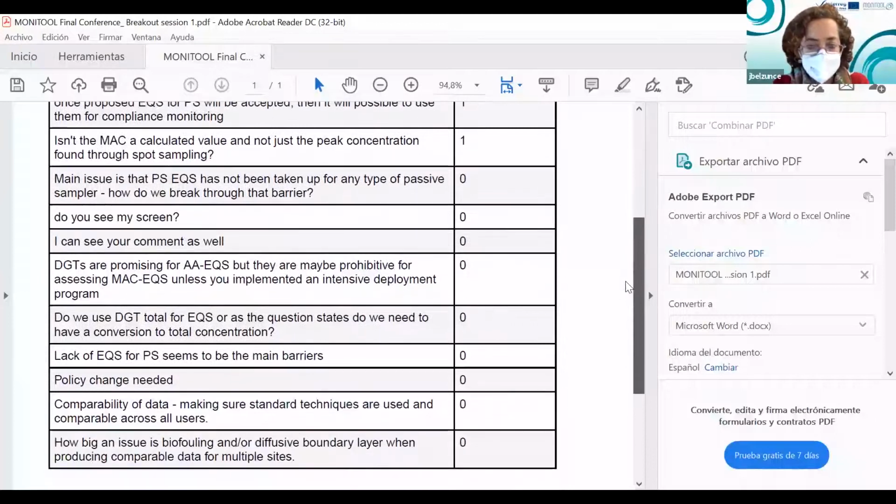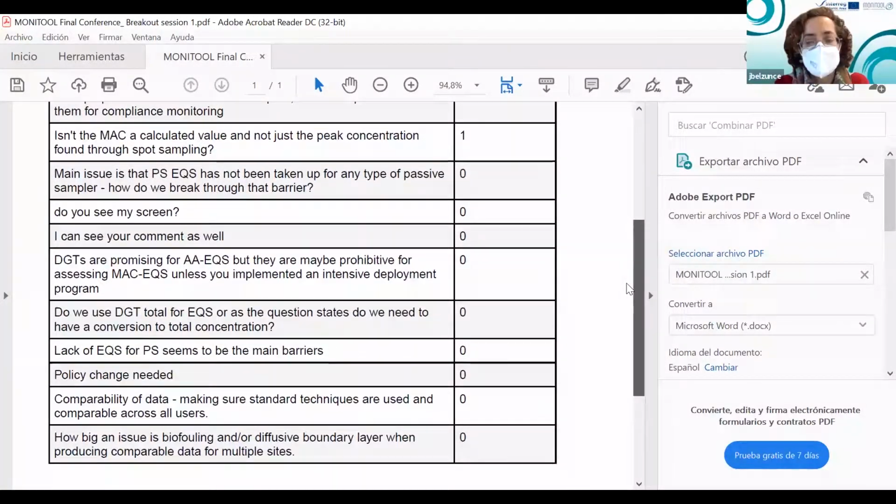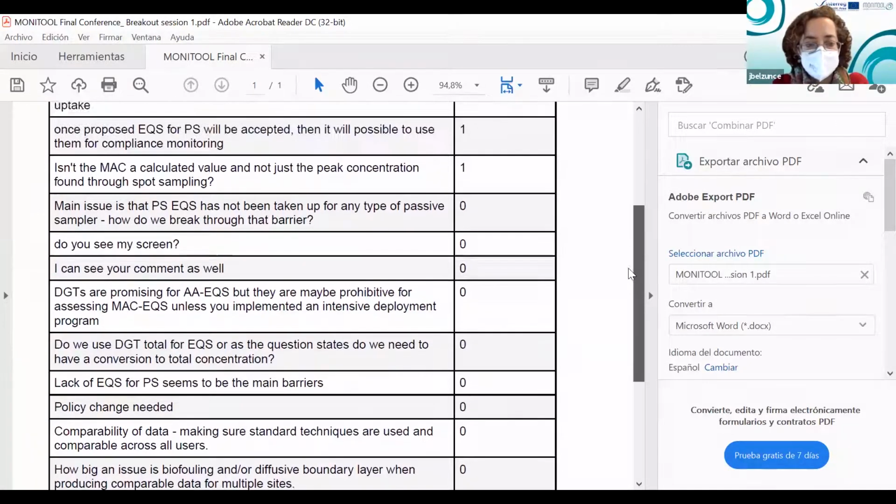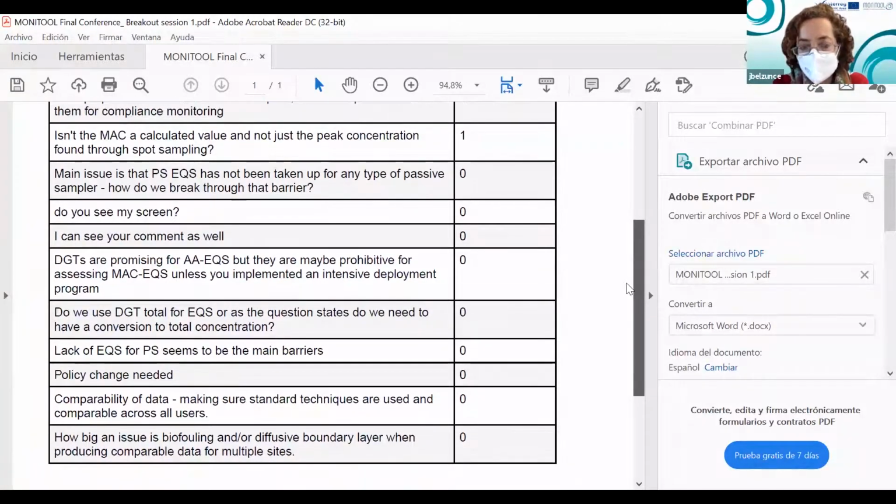Another one was the bioavailability, biofouling. Another was the comparability, to make sure the standard techniques are used in a comparable way.